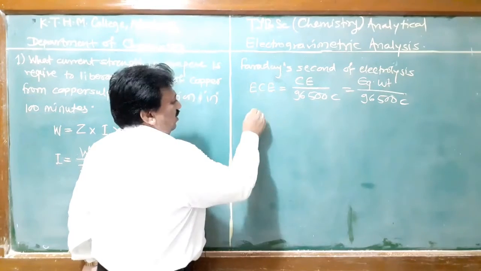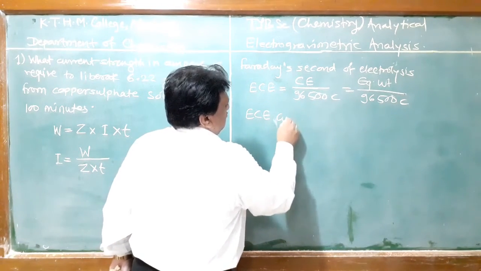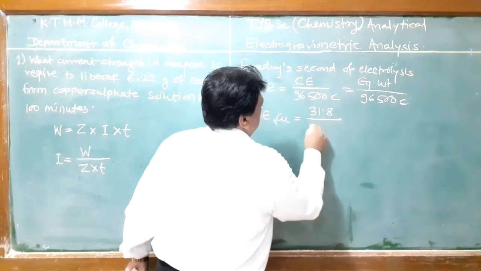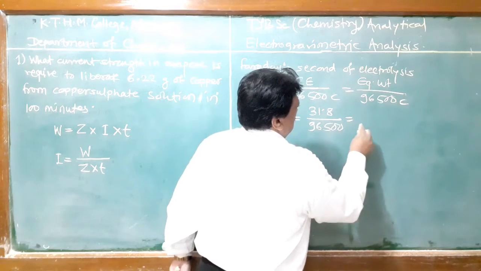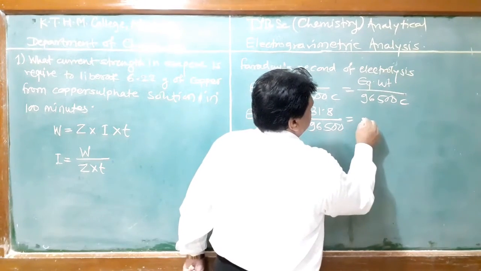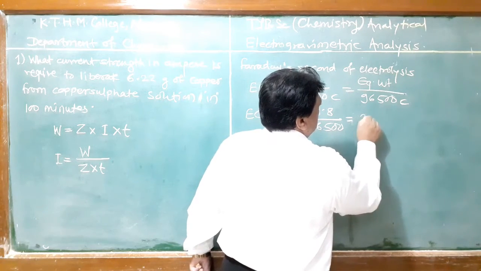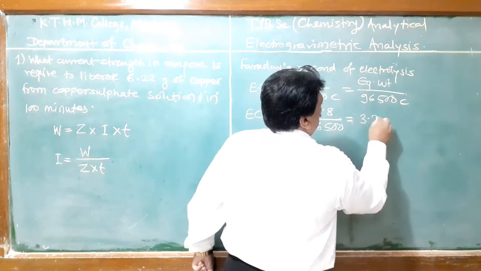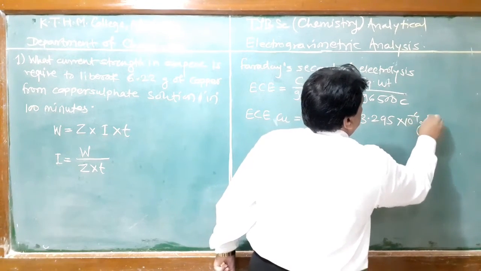Here we have to find out the electrochemical equivalent of copper, and therefore the equivalent weight of copper is 31.8 divided by 96500, which is equal to 3.295 into 10 raised to minus 4 gram per coulomb.